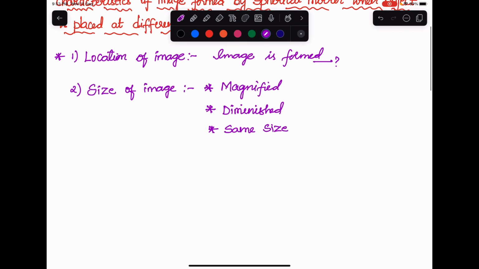And the third one is orientation. In the orientation of the image, there are two types. The image can be erect and the image can be inverted. Easy to understand: erect means seedha, inverted means ulta.